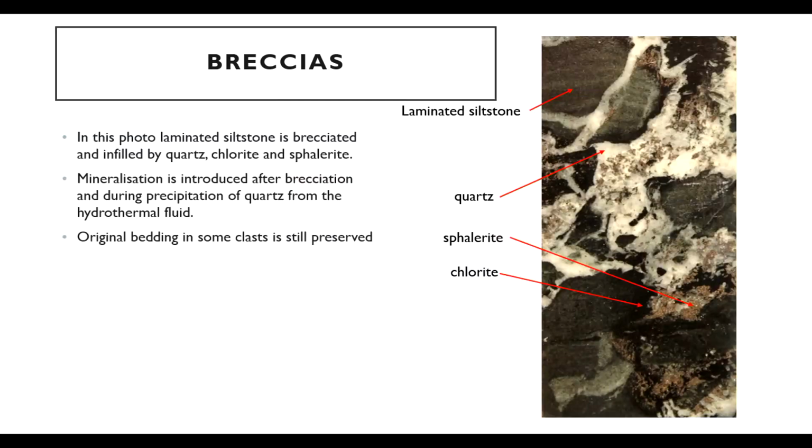So here's just a nice example. We have clasts, sedimentary rock, then we have vein quartz material that's fragmented this host and infilled in different areas, and we get different alteration, in this case black chlorite, and here we have sphalerite.